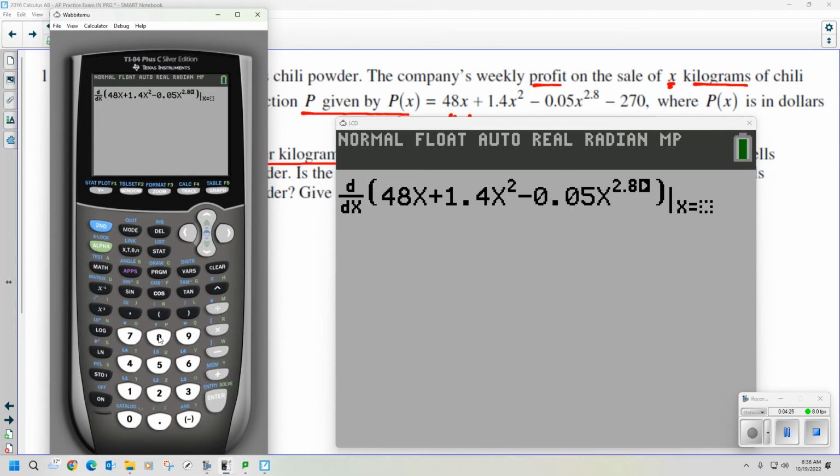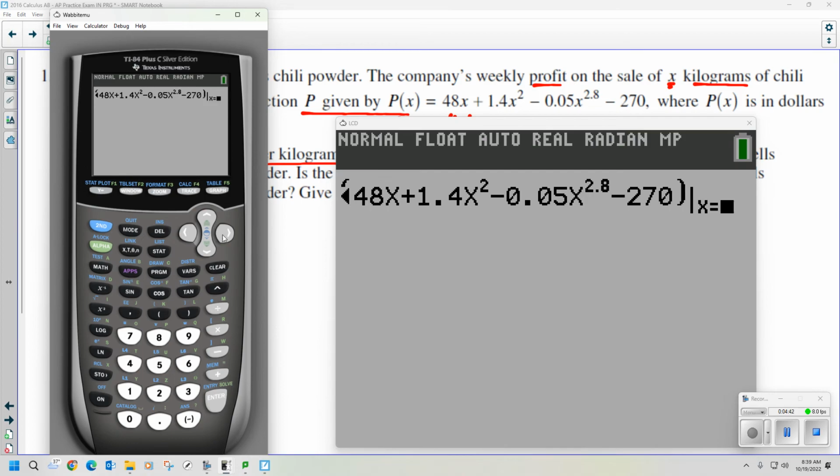Every time I type these in, I'm looking to make sure I didn't miss anything. Minus 270. There it is in all its glory. I'm going to double check this: 48X plus 1.4X squared minus 0.05X raised to the 2.8 minus 270. And I want that derivative when X is 32.